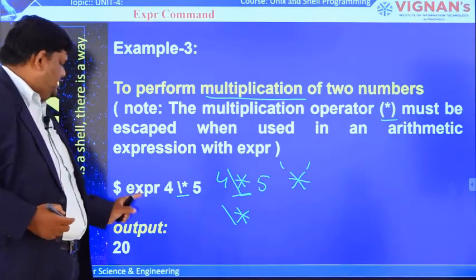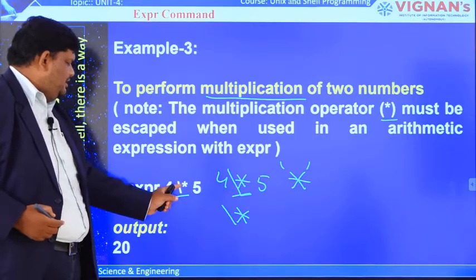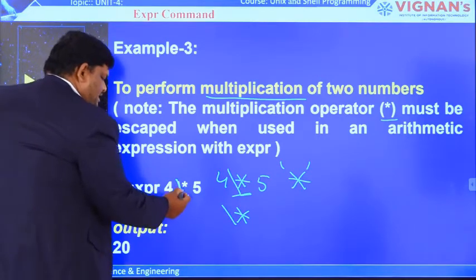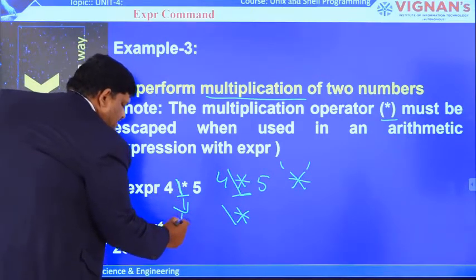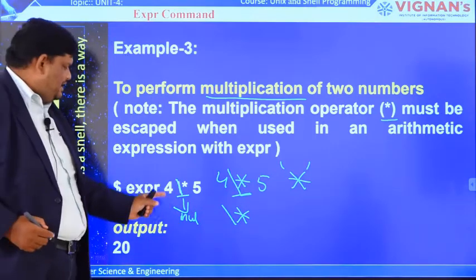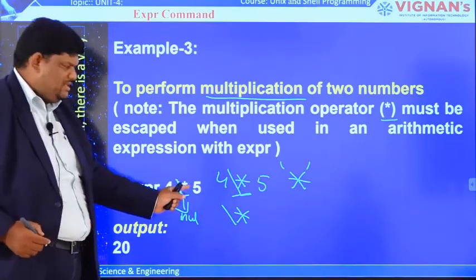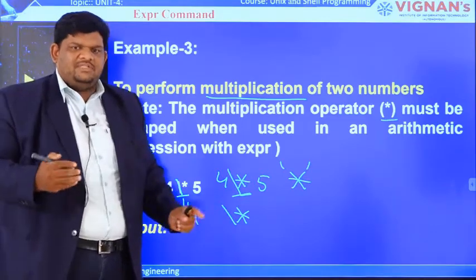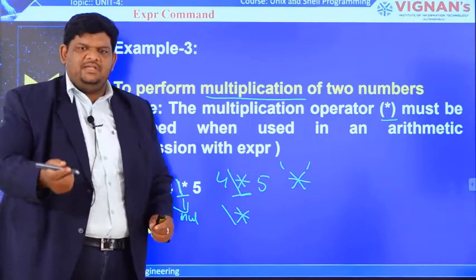So here, expr space 4 into 5. When you write it with the escape, then only shell will treat this as a multiplication. Then the multiplication operator will evaluate, and 4 into 5 is nothing but 20. So the output is 20. If you want to hold the value, similarly to the previous examples, variable is equal to value.